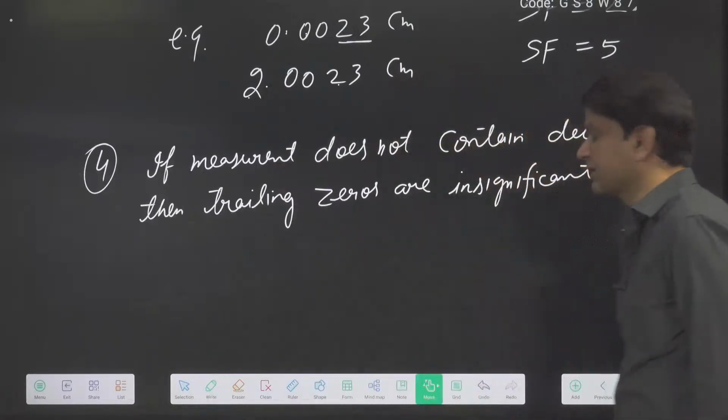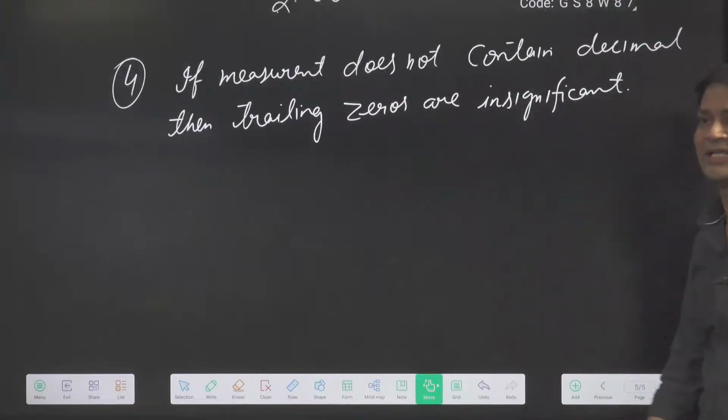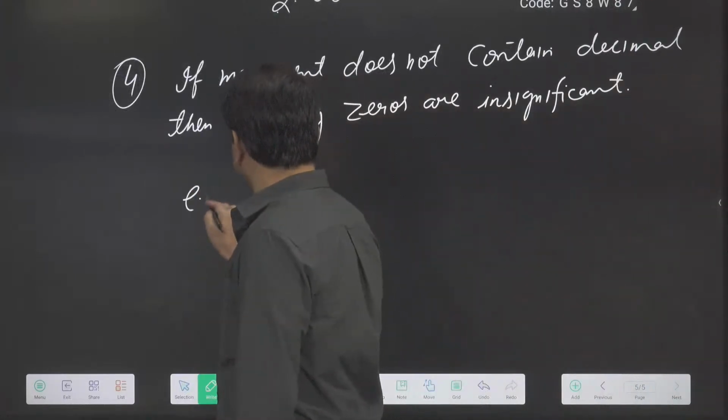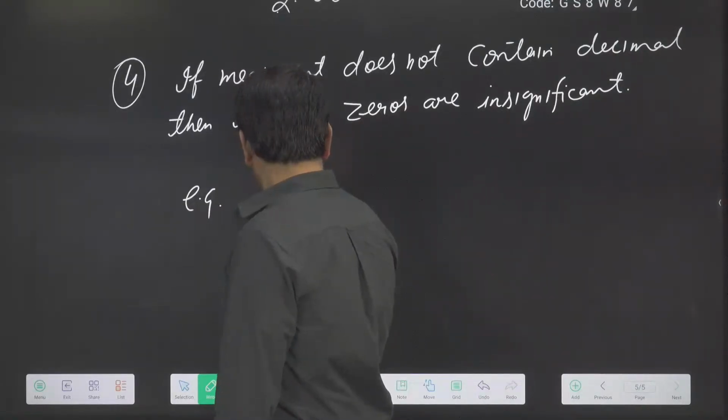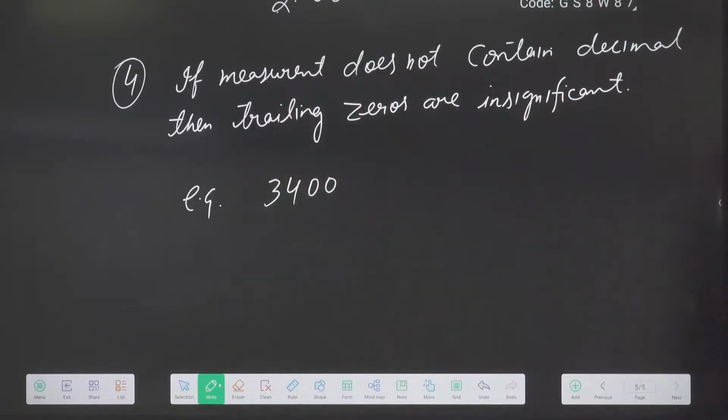So if the number does not contain a decimal, then what are trailing zeros? Suppose I am writing the example 3400. Okay, so this number does not contain a decimal.